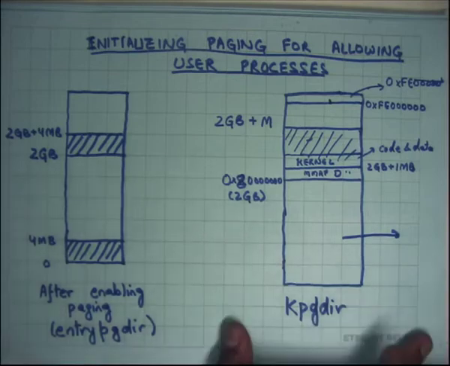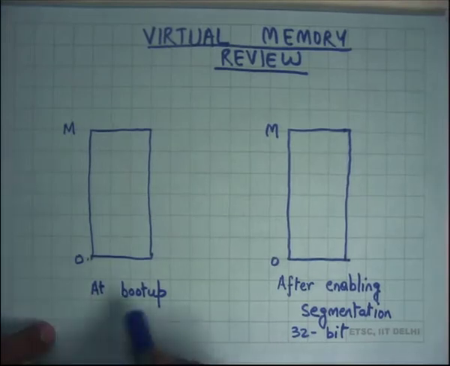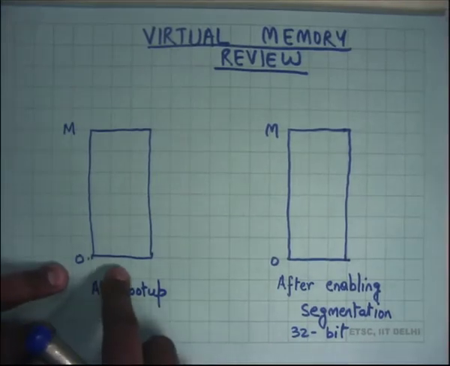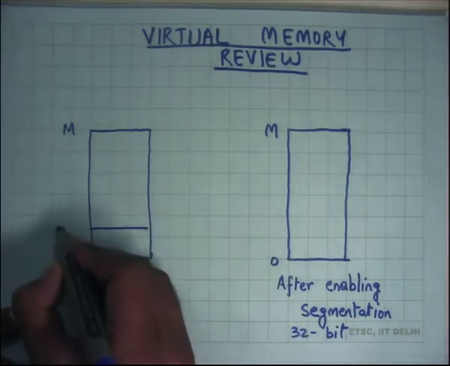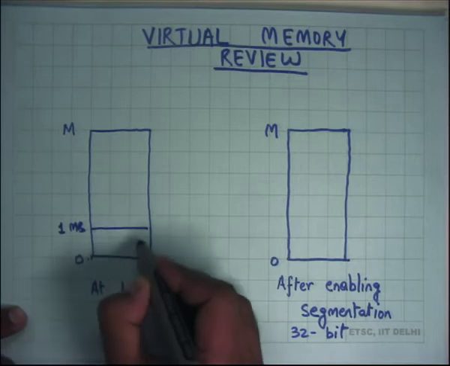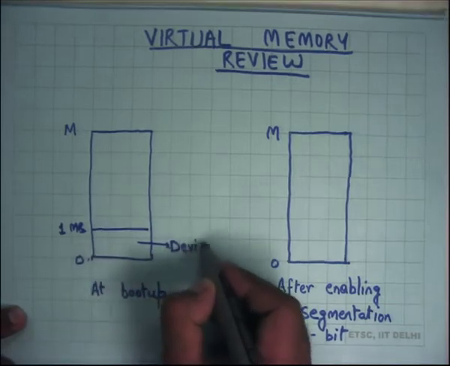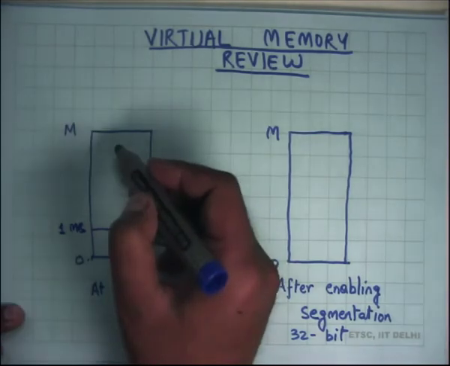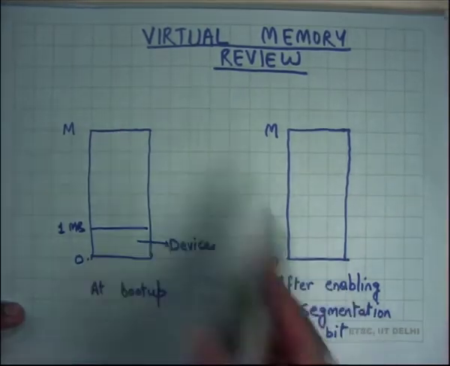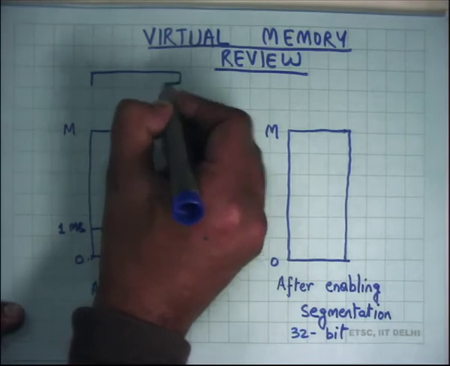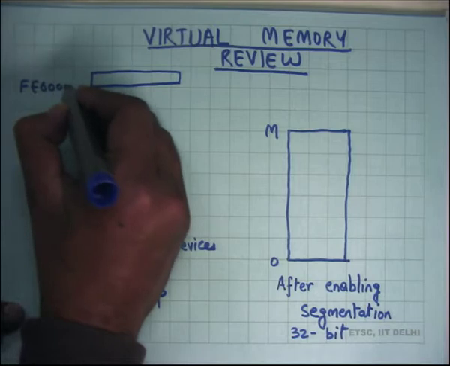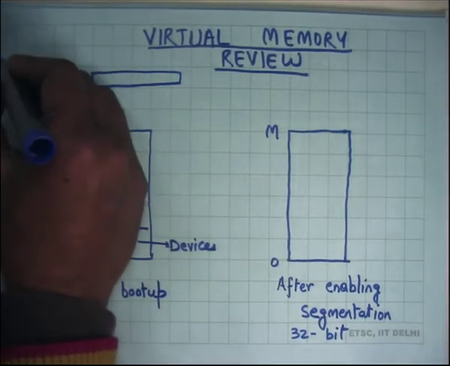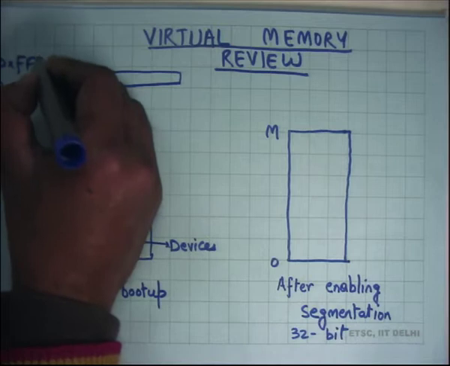So just to make this discussion more complete, at boot up the address space wasn't just this, right. Actually at boot up the address space was 0 to 1 MB is devices, 1 MB to M is whatever your physical memory is, and also there is some chunk on the top, FE000000 to FFFFFFFF.